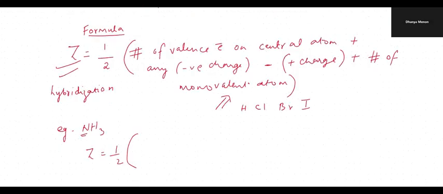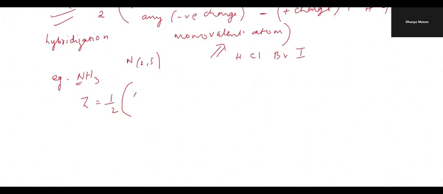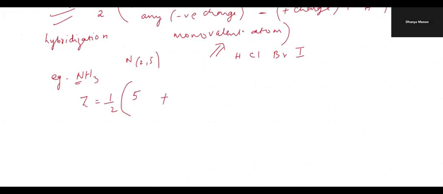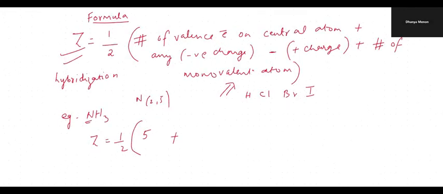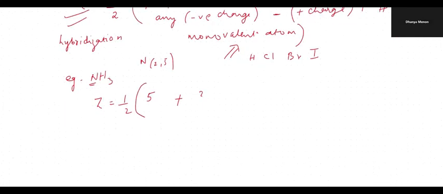Nitrogen has 5 valence electrons, plus there is no positive or negative charge. The number of monovalent atoms is hydrogen. How many hydrogens are there? 3 of them. So half times 8, which is equal to 4. If Z is equal to 4, it is sp3 hybridization, 4 hybrid orbitals.